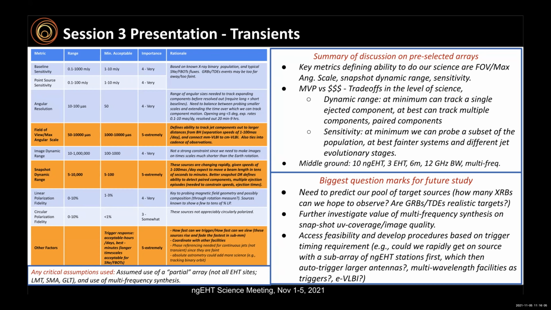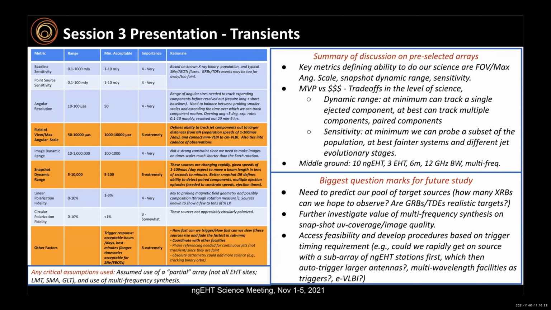So onto angular resolution. When it comes to these transients, what we really need is to be probing a range of angular sizes, because we need to track these expanding jet components before they become resolved out. And that means that we require both long and short baselines. So essentially we need to figure out the balance between probing smaller scales and extending the time over which we can track these components when it comes to angular resolution.